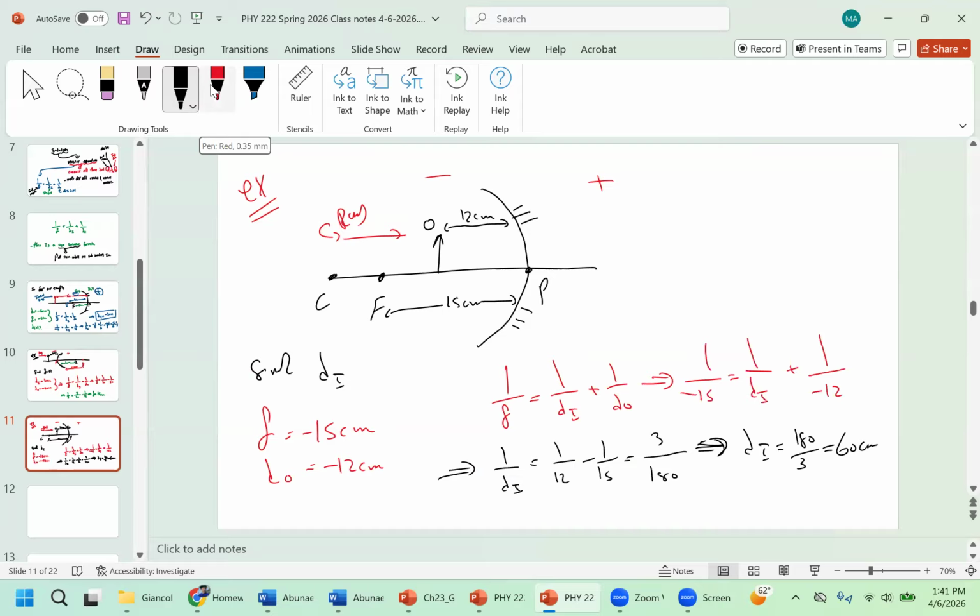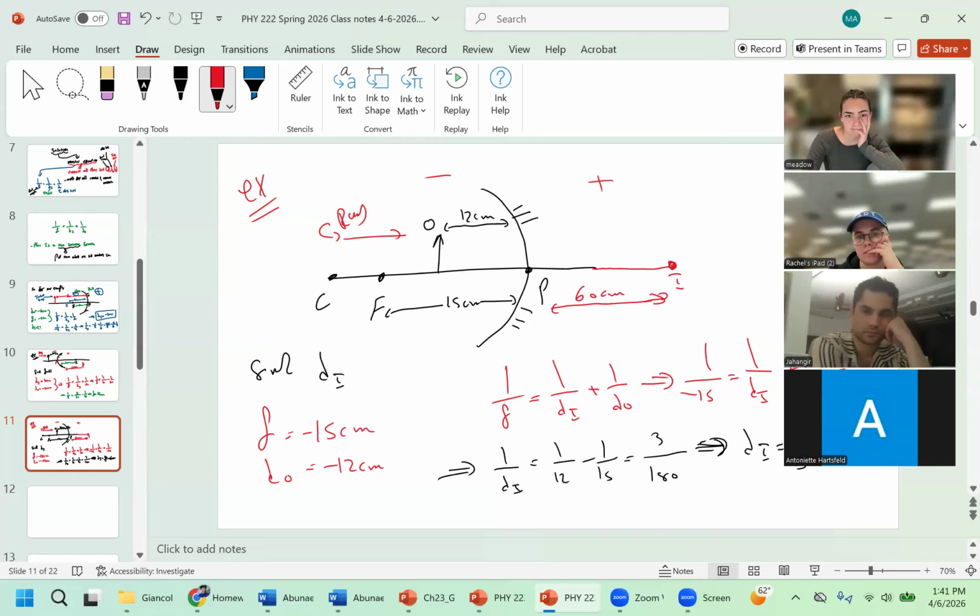And it's positive. That means the image will be like right over here somewhere at 60 centimeters. Are you all with me so far? You with me, Meadow? You got it?